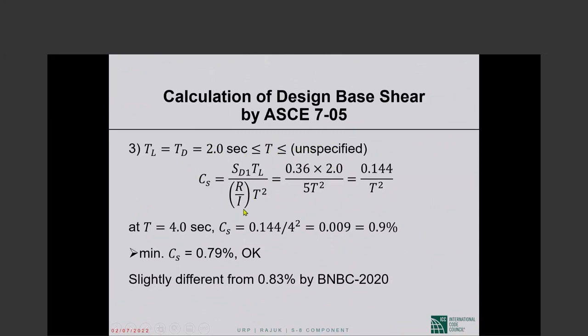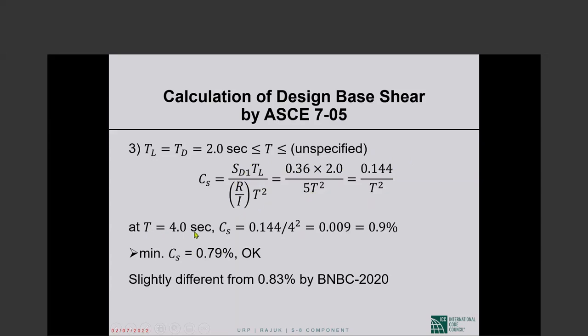C sub S of ASCE 7, this branch is defined by S sub D1 T sub L divided by R over I T squared. S sub D1 is 0.36 from the previous page. T sub L is 2. R over I is 5. So the numerator is 0.72, divided by 5 gives 0.144 over T squared.